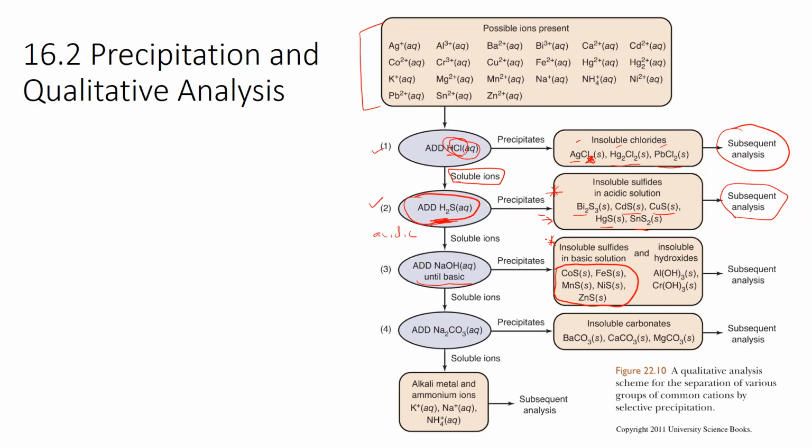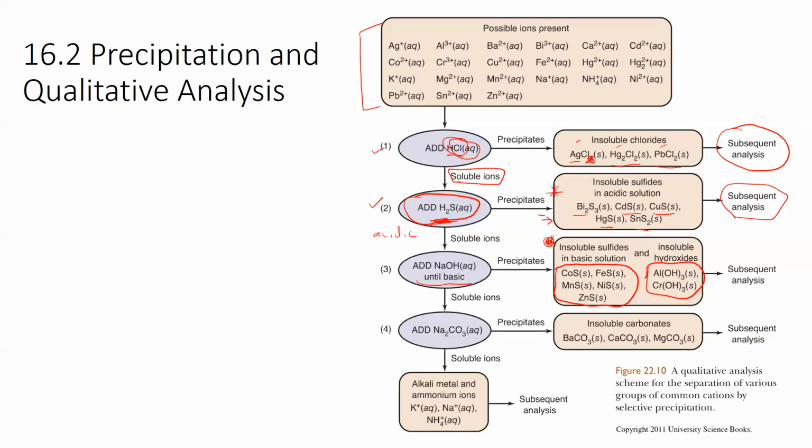And so the equilibrium between the metal and the sulfide is affected by the acidity of the solution. And that's something we talked a little bit about last time for how acidity affects the equilibria. But you'd also be precipitating out things that would go as hydroxides.